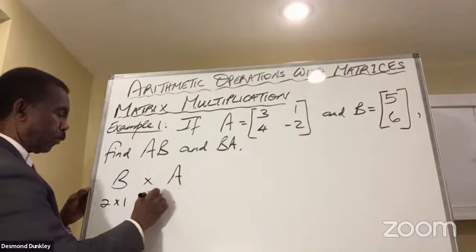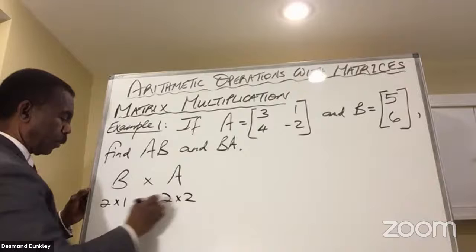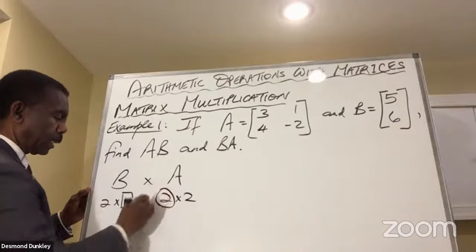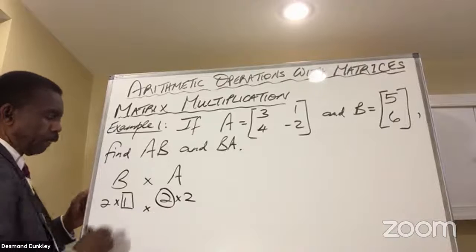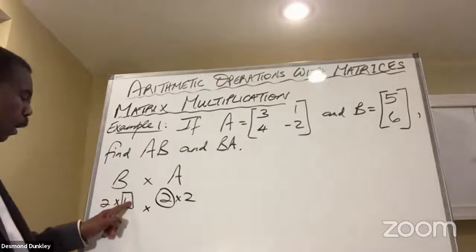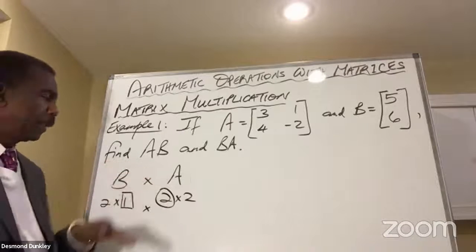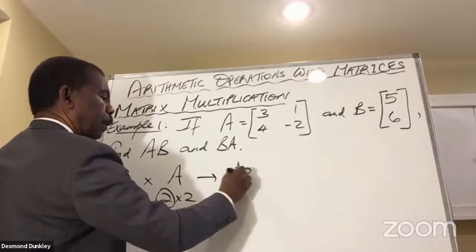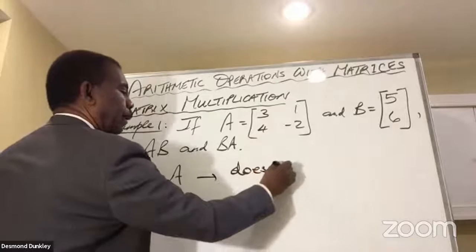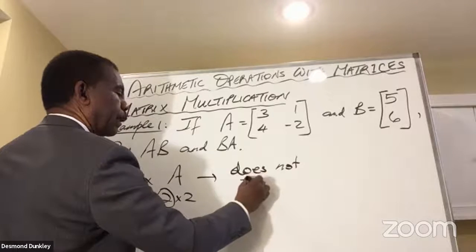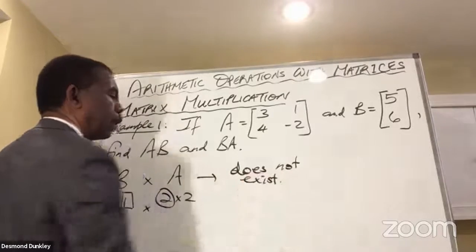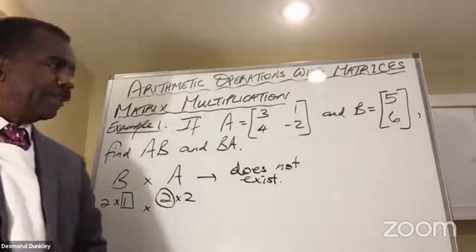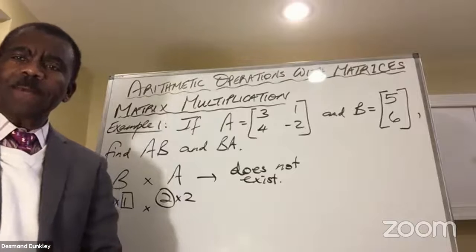Matrix A is a 2 by 2. We look at this, and look at this. They are different. 1, 2, they're not the same. So this does not exist. In other words, you cannot do that. Okay?